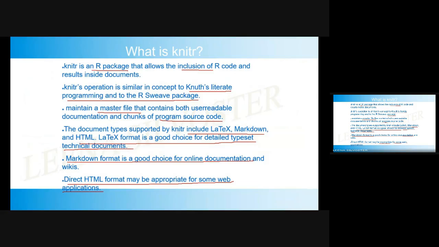Document types supported by Knitr include LaTeX, Markdown, and HTML. LaTeX format is a good choice for detailed typeset technical documents. Markdown format is a good choice for online documentation and wikis. Direct HTML format may be appropriate for some web applications.